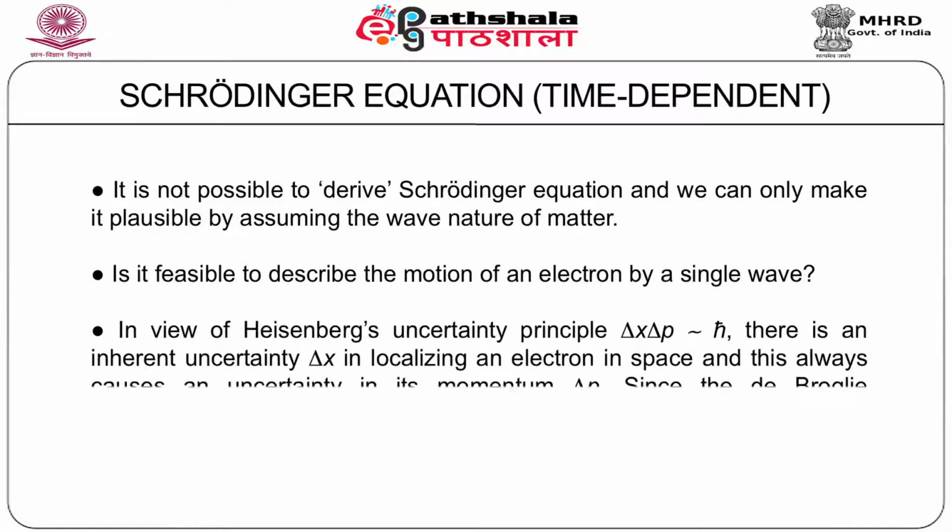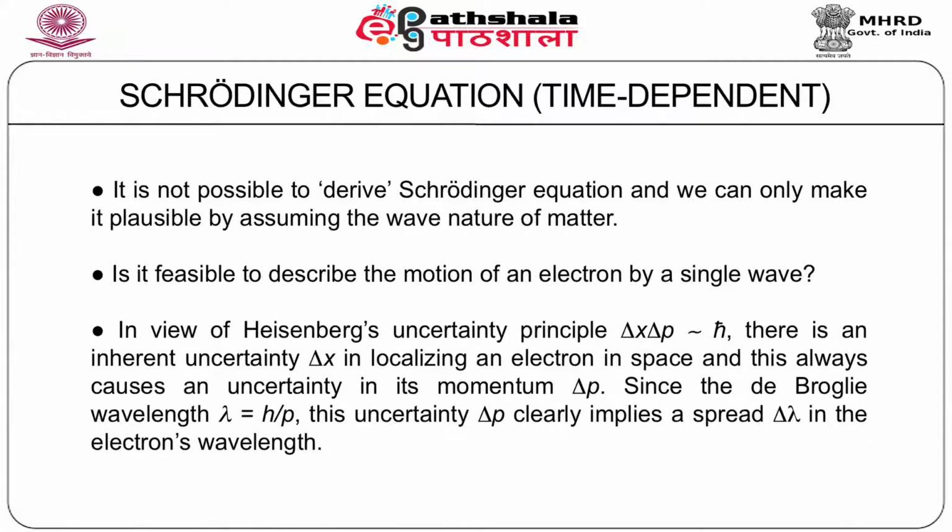Now, in view of the uncertainty principle, delta x delta p is of the order of h cross, there is an inherent uncertainty delta x in localizing an electron in space, and this always causes an uncertainty in its momentum delta p, as I told you in the last lecture also. Since the de Broglie wavelength lambda is equal to h by p, this uncertainty delta p clearly implies a spread delta lambda in the electron's wavelength.